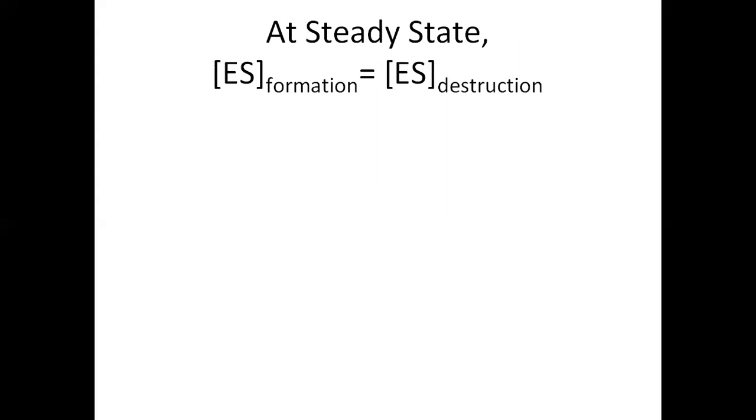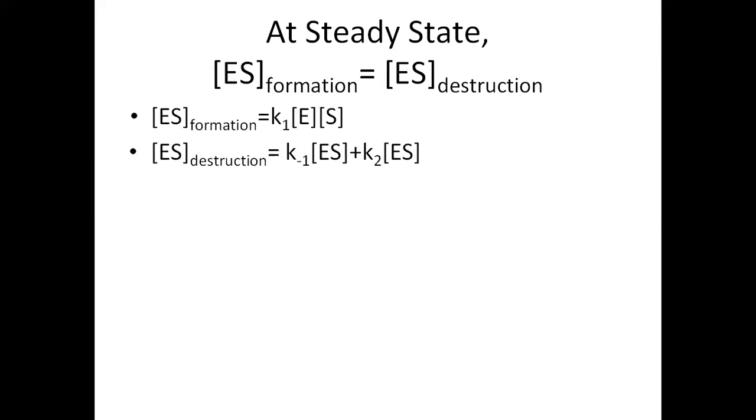Steady state means that the rate of enzyme-substrate complex formation will be equal to the rate of enzyme-substrate complex destruction. Since the formation and destruction are known, we can come up with an equation shown on the third line of this slide.